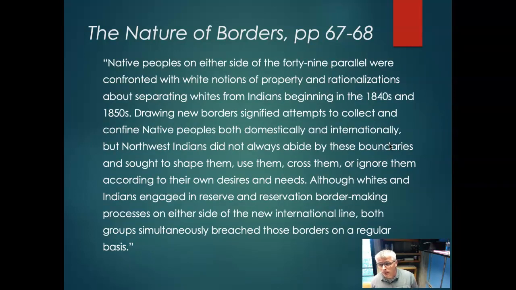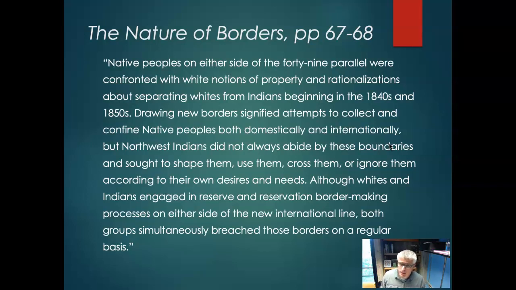Also from Nature of Borders: "Native people on either side of the Forty-ninth Parallel were confronted with white notions of property and rationalizations about separating whites from Indians beginning in the 1840s and 1850s. Drawing new borders signified attempts to collect and confine Native peoples both domestically and internationally.